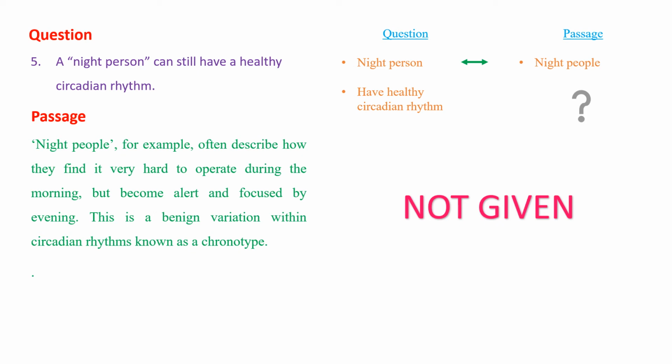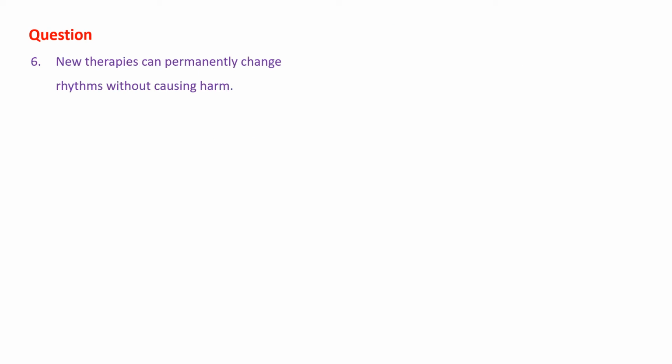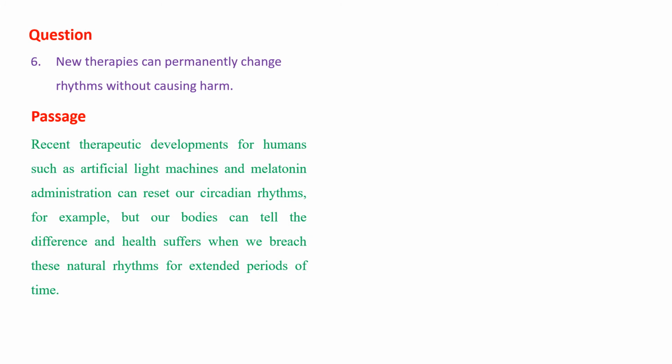The next question is: new therapies can permanently change rhythms without causing harm. Looking into the passage, we see that recent therapeutic developments for humans, such as artificial light machines and melatonin administration, can reset our circadian rhythms, for example, but our bodies can tell the difference and health suffers when we breach these natural rhythms for extended periods of time.